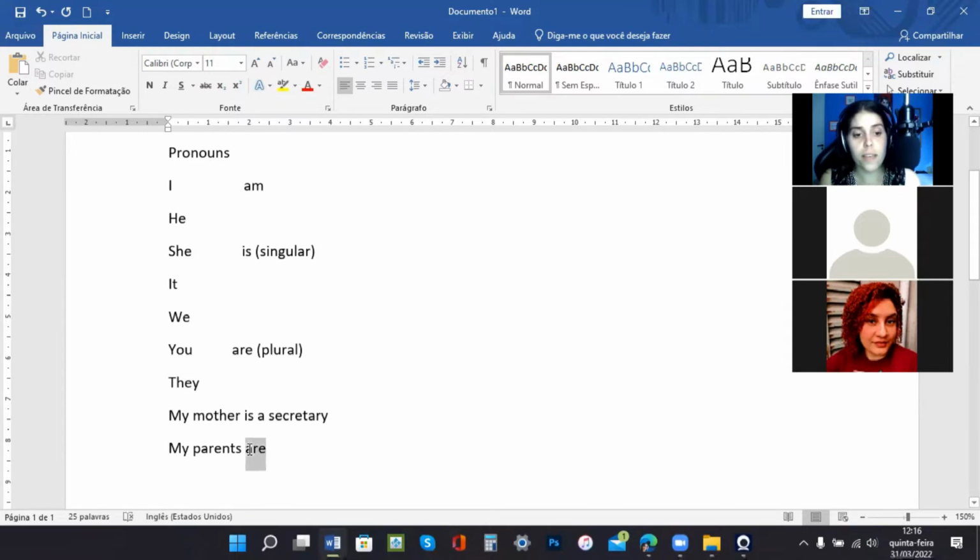The verb to be is are because my parents, two people. If it is two people, it is plural. Let me complete this sentence. My parents are married. Casados. My parents are married.